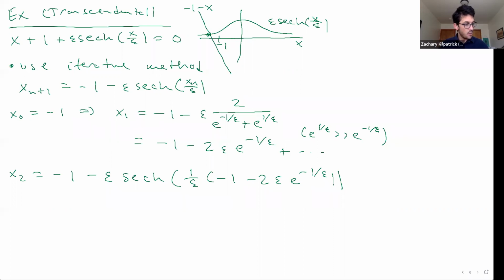On Monday, we'll finish this example up and talk about perturbed eigenvalue problems. And then we'll move to more of the mathematics of asymptotics, big O, little o notation, and how to use those with asymptotic series. That's moving into the second chapter of the Hinch book, if you're following along there.